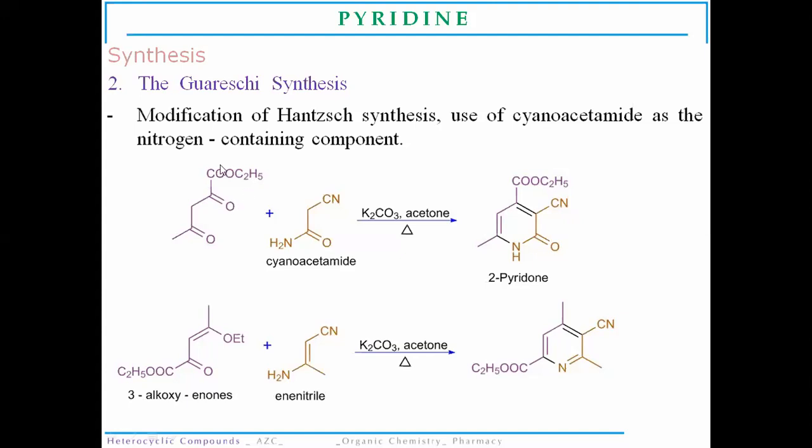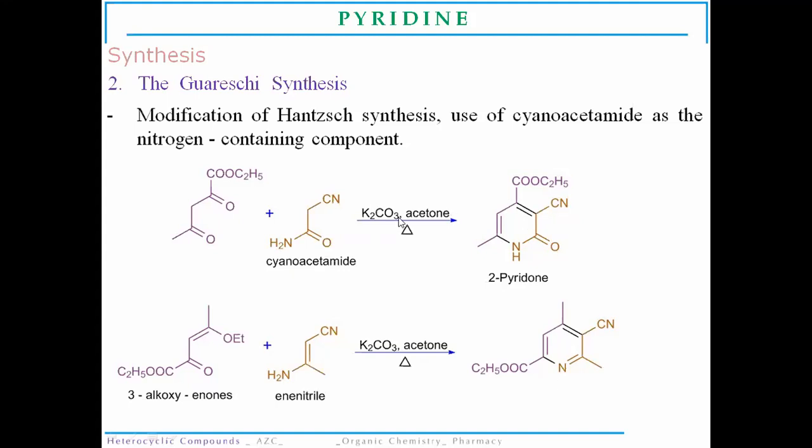So this beta ketoester will react with the cyanoacetamide as a nitrogen containing compound in the presence of potassium carbonate and acetone, there is formation of 2-pyridone, and this 2-pyridone, followed by ring rearrangement, gives substituted pyridones.